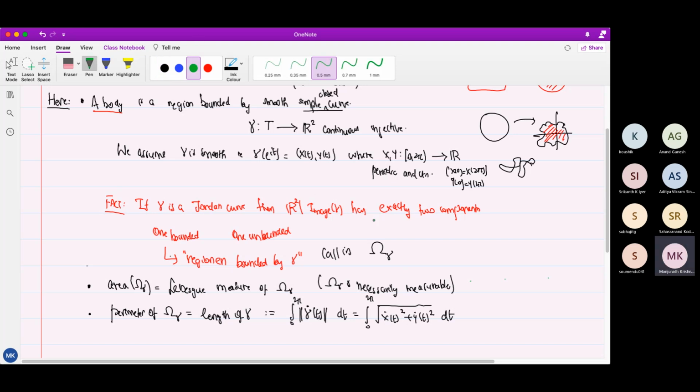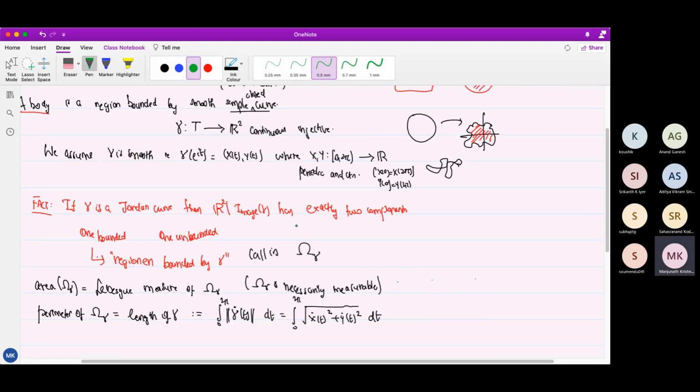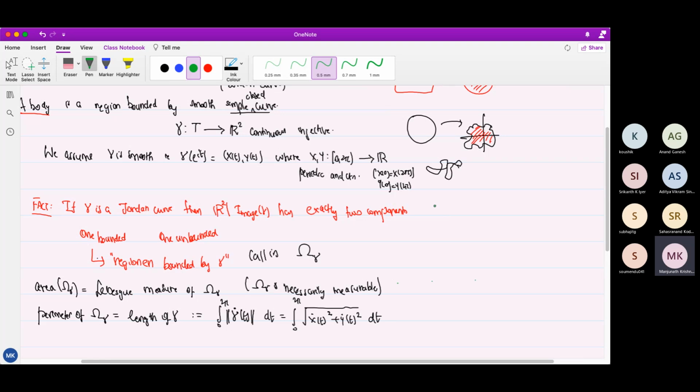One way: when we assume gamma is smooth, we don't need the Jordan curve theorem, I realize. So when gamma is smooth, or even just rectifiable, we can define a function.